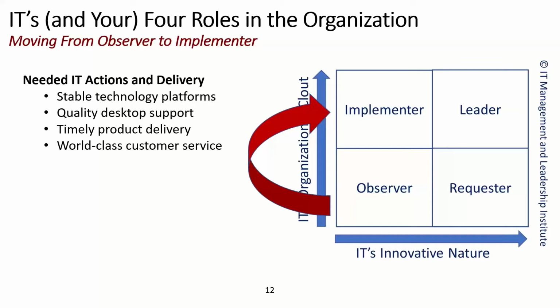The help desk is the face of IT to the organization in many ways. Why? Because they're the only IT function that hits every desktop, every person individually when they have an issue. So to move up, the first things you need are a stable platform, a quality help desk, timely product delivery, and then world-class customer service. These are the things needed just to have the possibility of having clout.